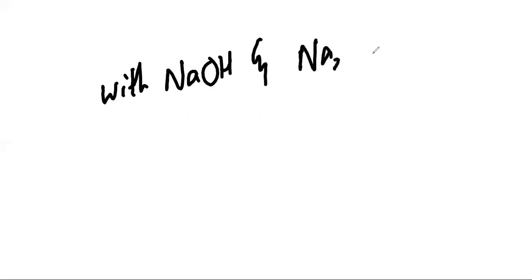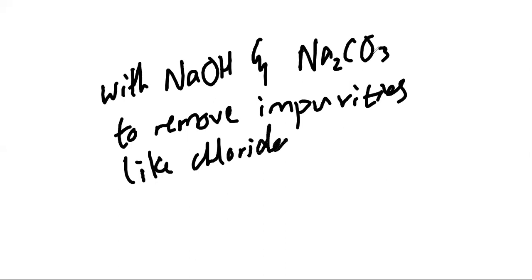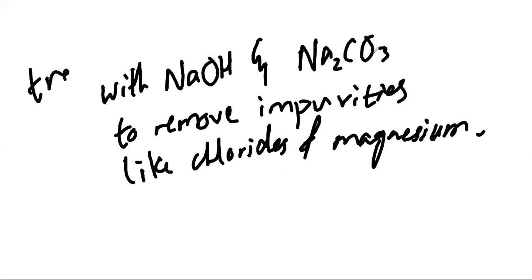NaOH and Na2CO3 are used to remove the impurities, chlorides of magnesium. This is the treatment we do for NaCl.